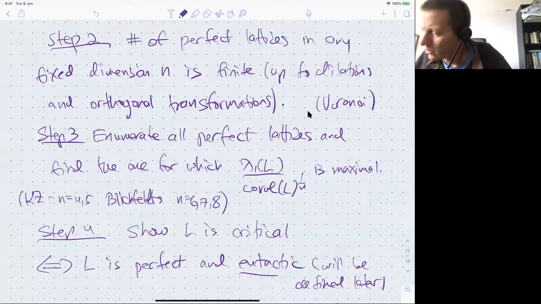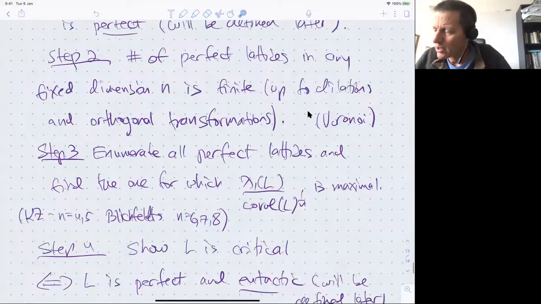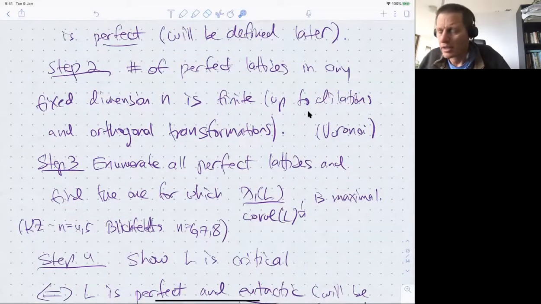And so obviously, logically speaking, you don't need to do step 2 if you're able to do step 3. I mean, if you can just show by brute force that you have all the perfect lattices and it turns out to be a finite list in your favorite dimension, then you get step 2 as part of step 3. And that's what happened in this Korkin-Zolotarev proof in the 19th century.